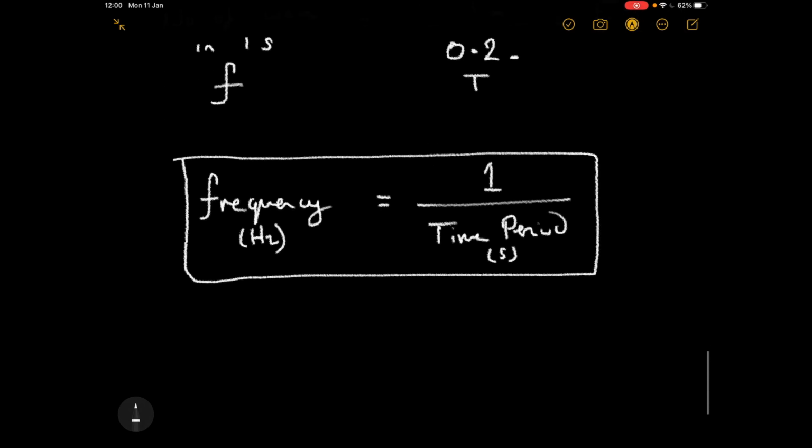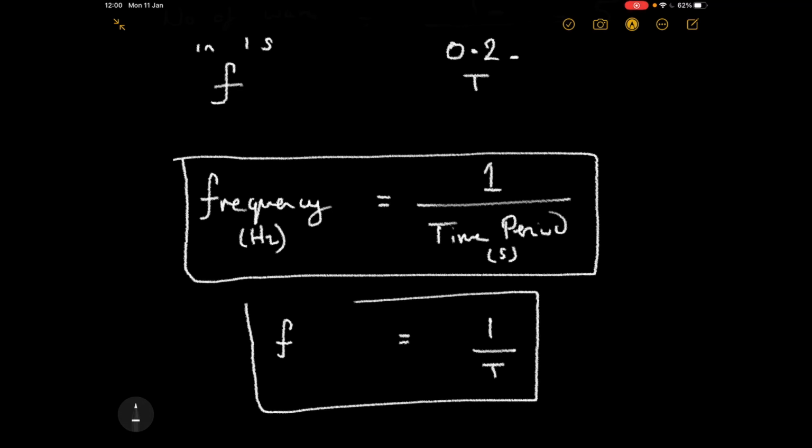Or, in symbols, f is equal to 1 over T. Now this is an equation that you are given in the exam. So it's a given equation. It's one that you don't have to remember, but you do have to know how to use.